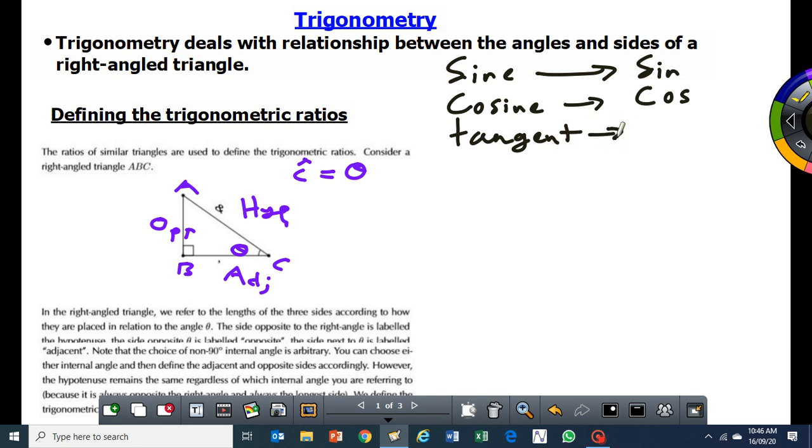This one has a relation with gradient, but for this grade we won't get into the details of gradient. It is equal to the opposite side, which is the vertical distance, divided by the adjacent side. The shortcut for this is tan. If you take out your calculator, you are going to see these three: sin, cos, and tan.